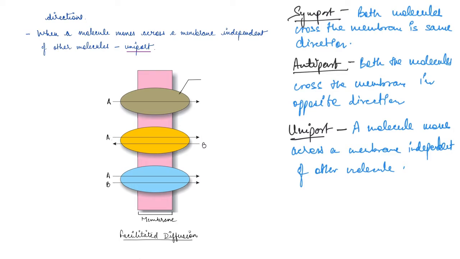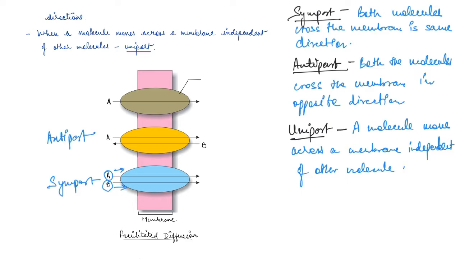So, basically, if you can guess which is which one, this is symport. How is it symport? There are two molecules A and B, and they are both crossing the membrane in the same direction, right? Now, the second one is antiport.